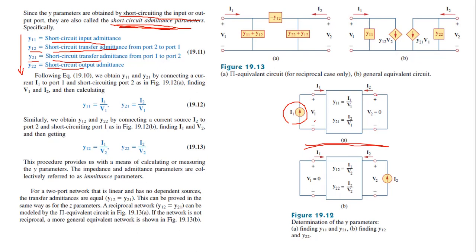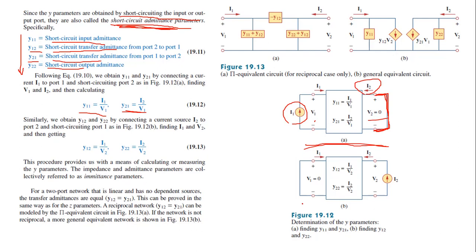We are short circuiting the output terminal, which means V2 is made 0, but we will have a current I2 flowing in the circuit. From this we can obtain I1 by V1, which gives Y11, and I2 by V1, which gives Y21.